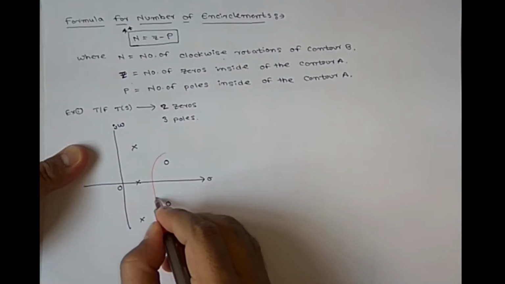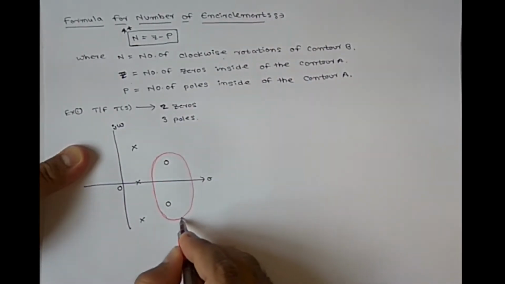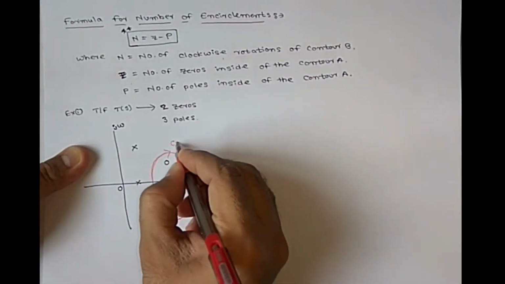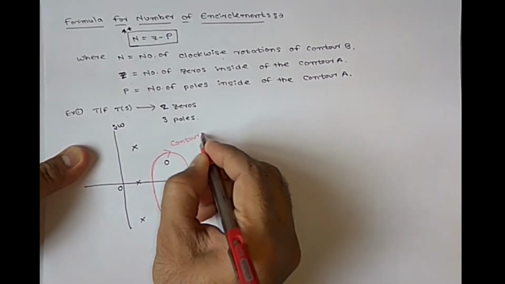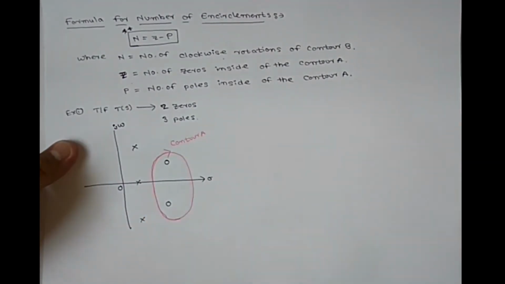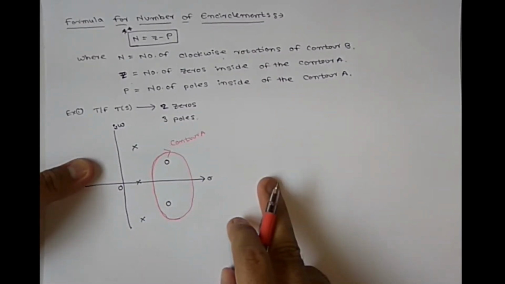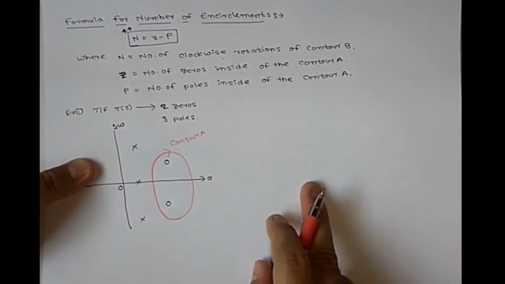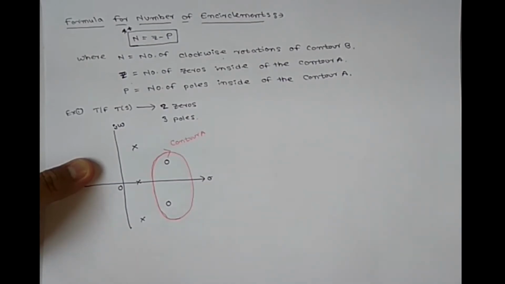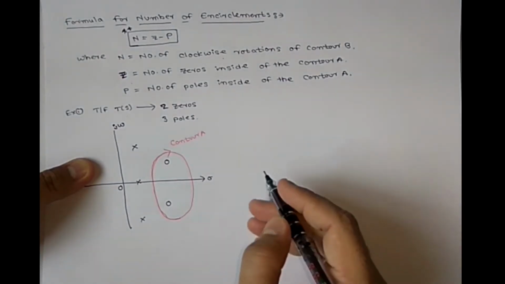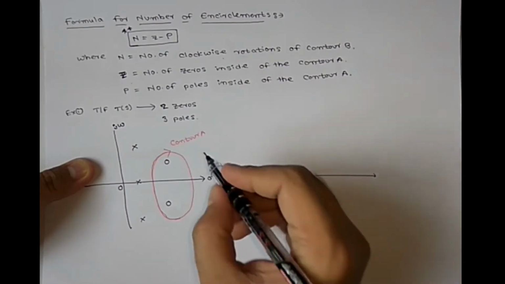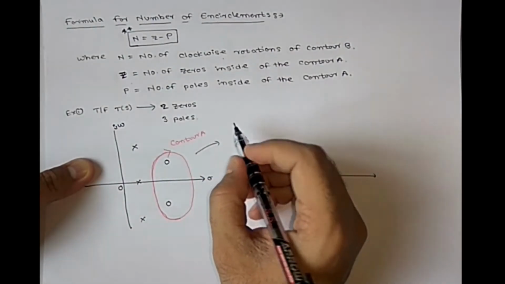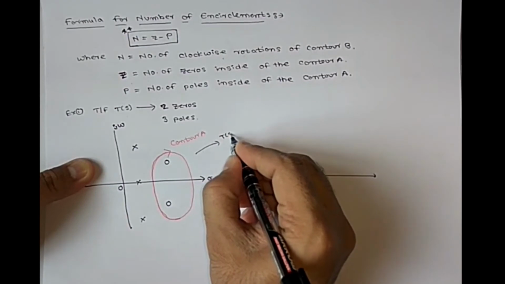So clockwise direction, this is contour A. So in this contour we have two zeros inside of contour A, right? So how many encirclements will come after mapping? Now I am going to map this contour by using this transfer function.